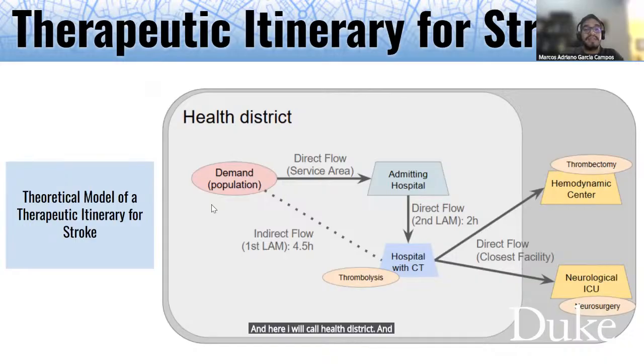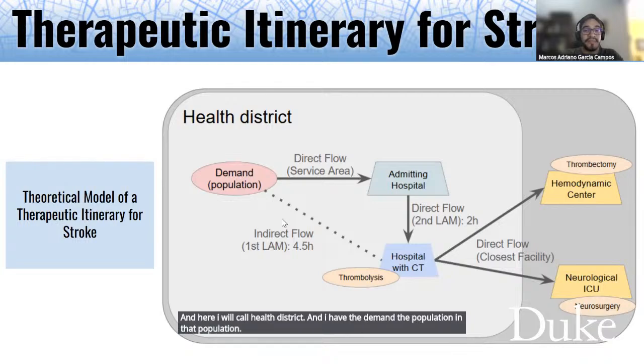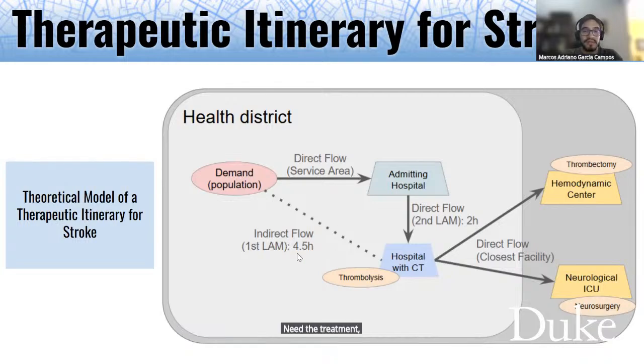And I have the demand, the population, and that population needs the treatment for stroke within 4.5 hours. But this is specific to stroke. To perform the thrombolysis, the thrombolytic treatment, I need to do a CT scan before.